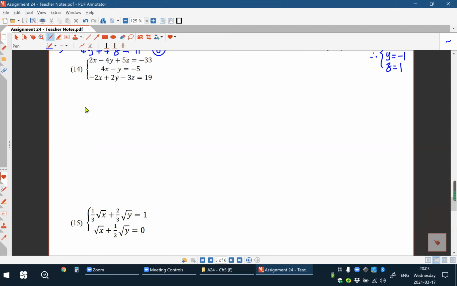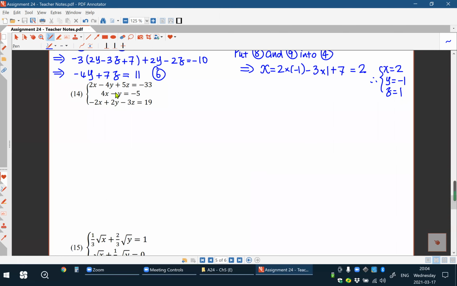Next one, we'll use the same method. Let's label them with equation 1, 2, 3. From 1, 2, or 3, we need to eliminate the number of variables. It's easier to start from equation 2, because from equation 2 you can easily solve y in terms of x and z.